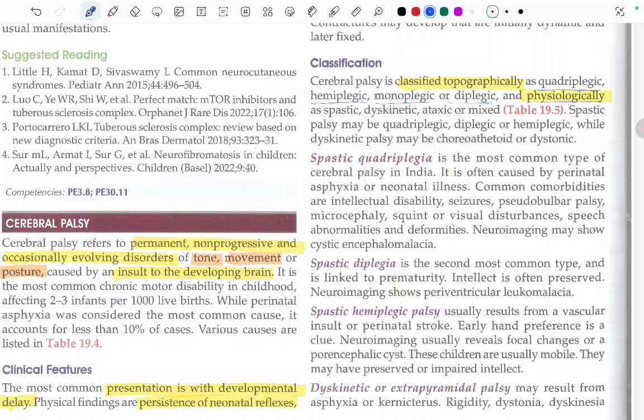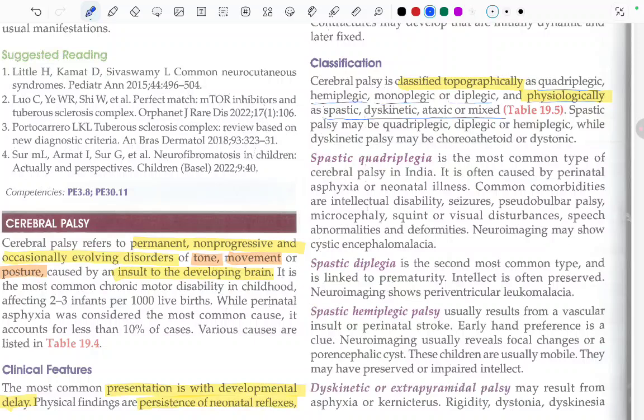If we talk about the topographical classification, it is basically based on the number of limbs involved. Quadriplegia, all four limbs will be involved. Hemiplegia, half side of the body will be involved. Monoplegia, only one limb. And diplegia, both limbs, either upper or lower. Physiologically, there can be spasticity, dyskinetic, ataxic, or mixed.